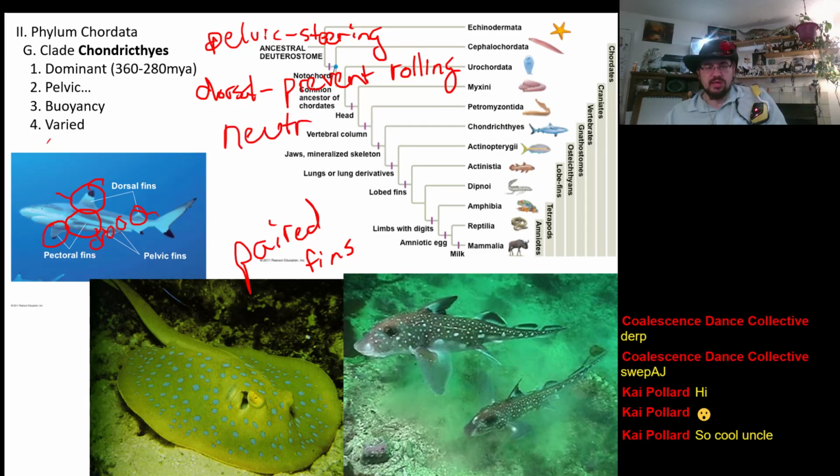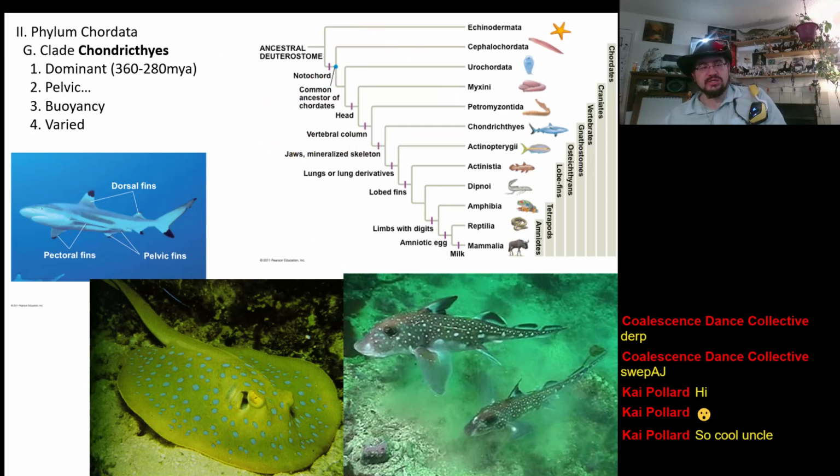Neutral buoyancy is where the animal's buoyancy equals the buoyancy of the water around them, and thus they can move freely in the water column very easily. Sharks and cartilaginous fish do not get to neutral buoyancy. They all have some degree of negative buoyancy compared to the water. In other words, they sink.